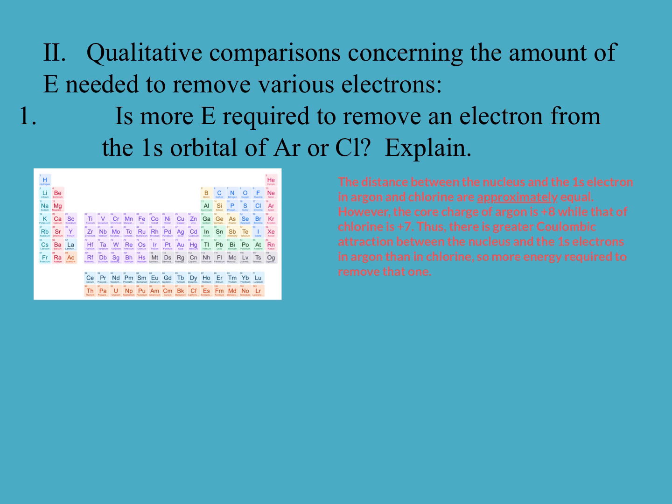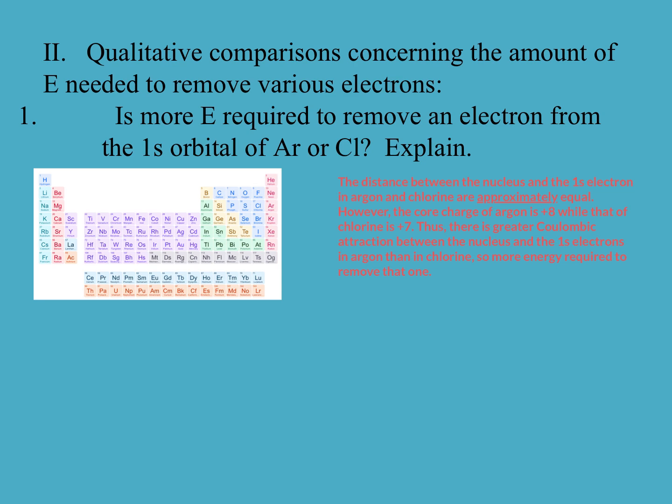So that increases the Coulombic attraction between the nucleus and the 1s electron, and that means that more energy is required to remove that one. You need to really say in the Coulombic equation what is being held constant and what is changing. And it's a good idea to use terms like approximately to give yourself some wiggle room.